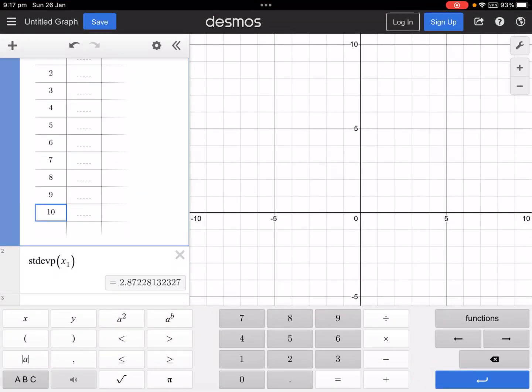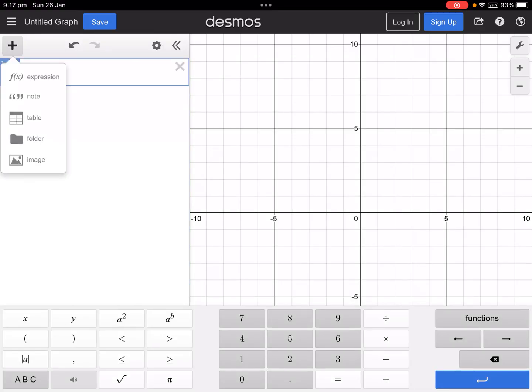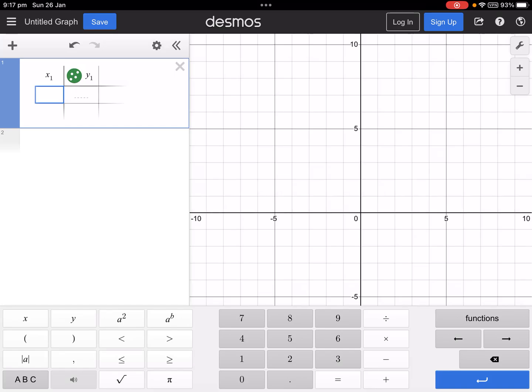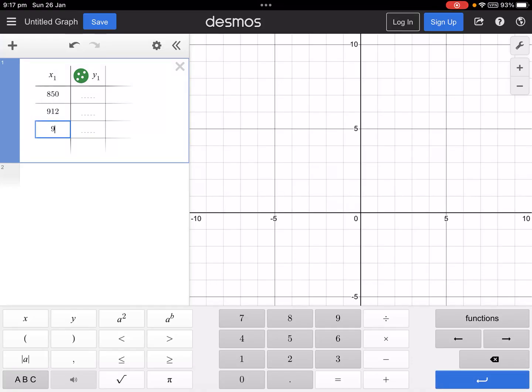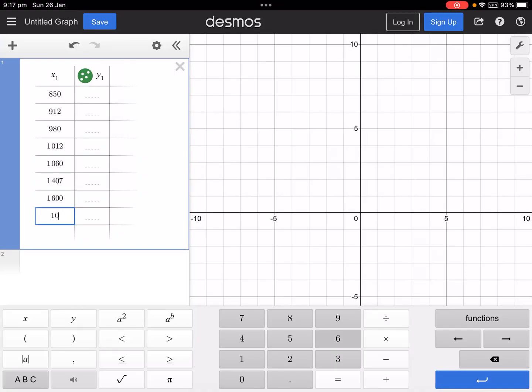And then here are the values for design 1. 850 pounds, 912 pounds, 980, 1012, 1060, 1407, 1600, 1602, 1680, and 1700. Okay, and these are all pounds.